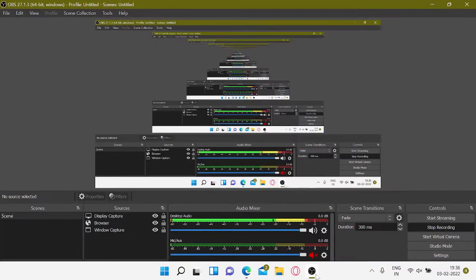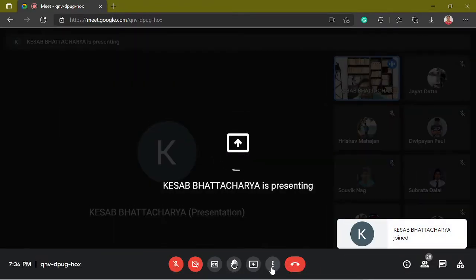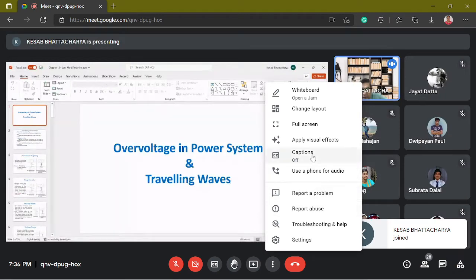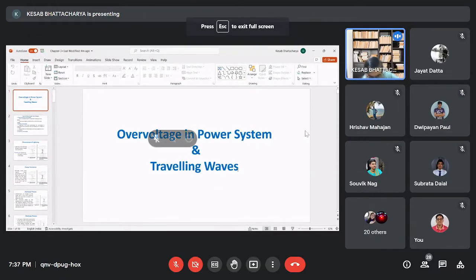So today we are going to start our next chapter, that is the chapter on overvoltage in power system and traveling waves. After we finish this overvoltage, earth faults, etc., then we shall take up the chapter on cables.